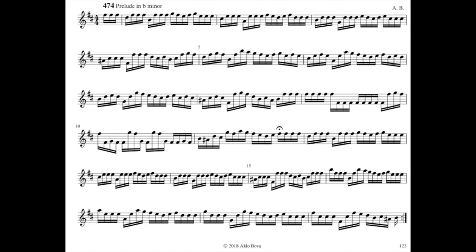But making this, the piece seems to be finished. So instead, in bar 4, instead of making the chord 5 going to the chord 1, I make 5 going to 1 5.